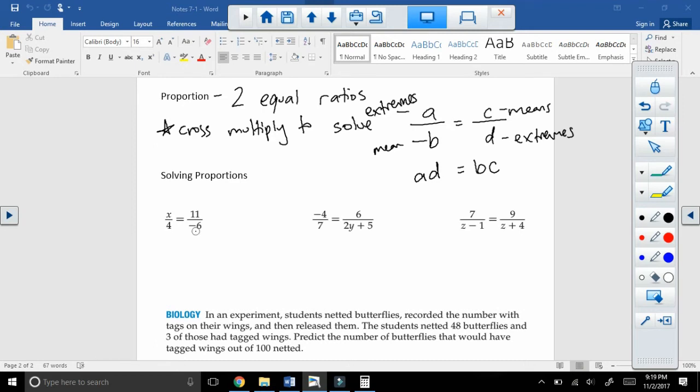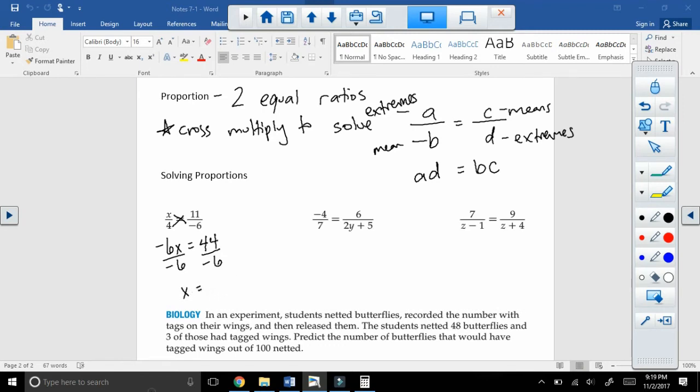So for example, for these proportions here, I would multiply x times negative 6, so negative 6x. And I would multiply 4 times 11, so that's going to equal 44. And then when I go through and divide this, some of these you will end up with either decimals or fractions depending on how you want to write them.